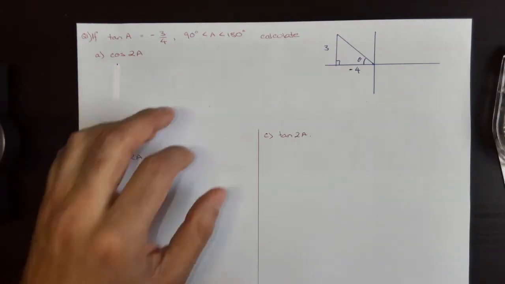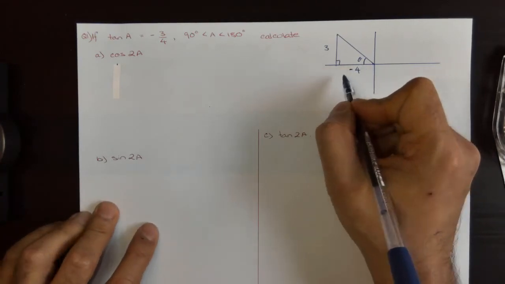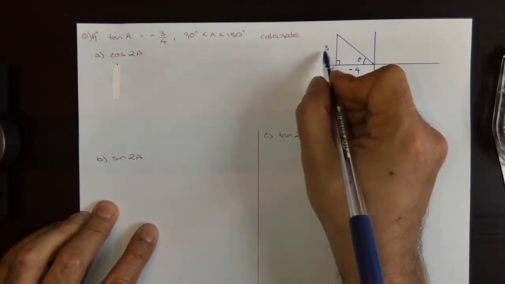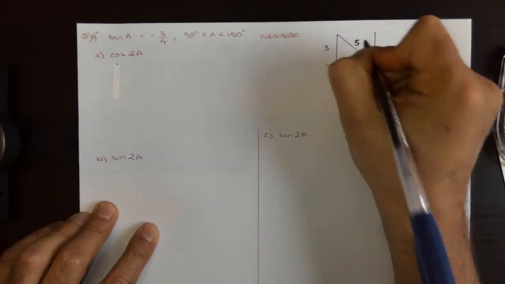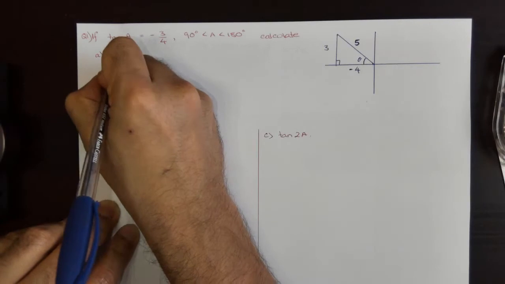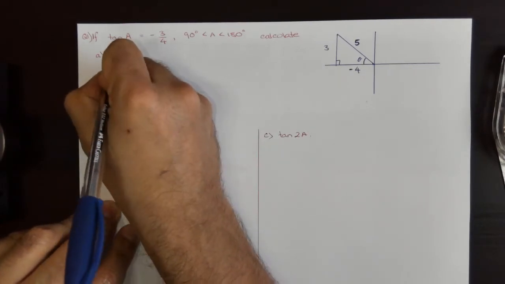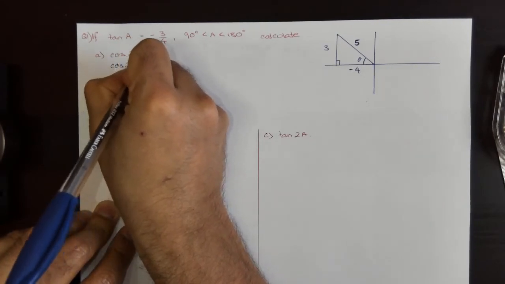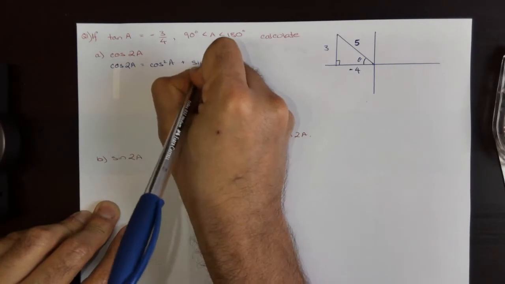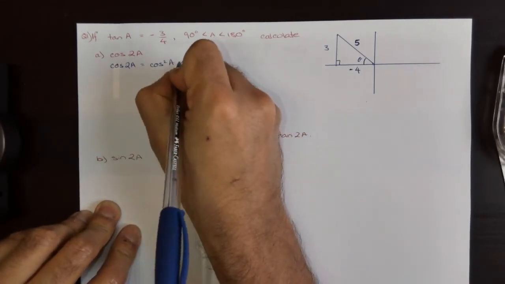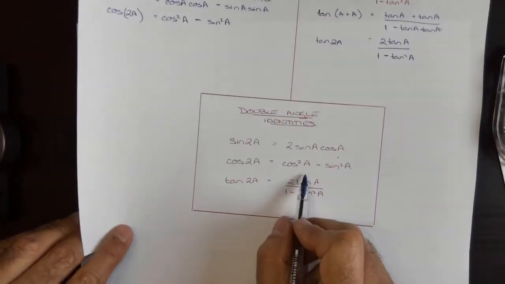Okay, we want to calculate cos of 2A. Using Pythagoras' theorem, we've got 3 and 4, so we know the hypotenuse is 5. So cos of 2A is cos squared A minus sine squared A, using that identity.